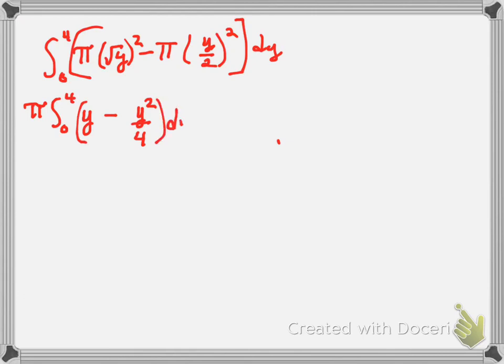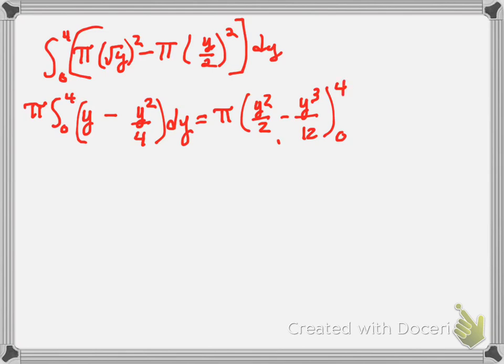All right, so simple integration now that we've got it set up. So I'm going to have a pi times y squared over 2 minus y cubed over 12, because I would take 4 times 3. I already had a 4 there, add 1 to this and divide by that 2, that's how I got the 12. And then I need to plug in the numbers from 0 to 4.